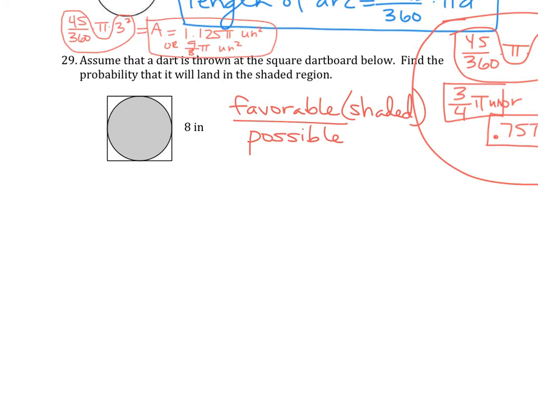So can you tell me the area of the circle? If this length is 8, that means your diameter is 8, which means your radius is 4. So for the area of the circle, pi times 4 squared, or 16 pi. Okay, so that's the circle. What's the area of the square?